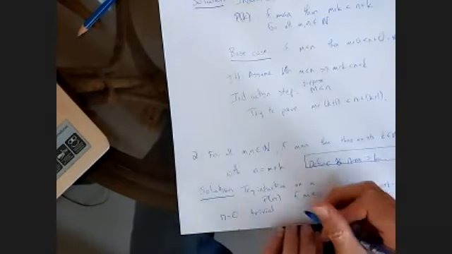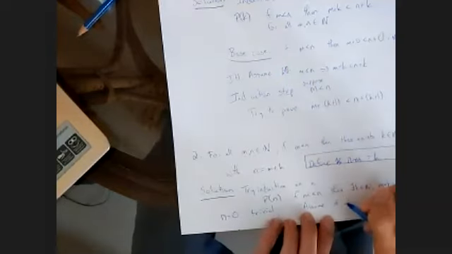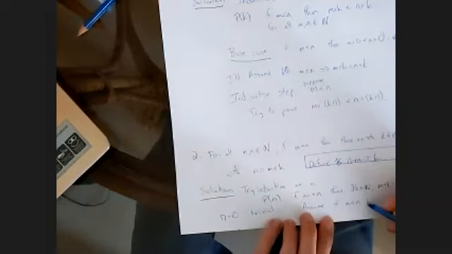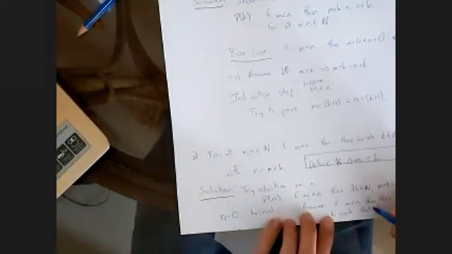Okay, and then you assume if m is less than n, then there exists k such that n equals m plus k, and now you try and prove the same thing, but for n plus 1 instead of n.